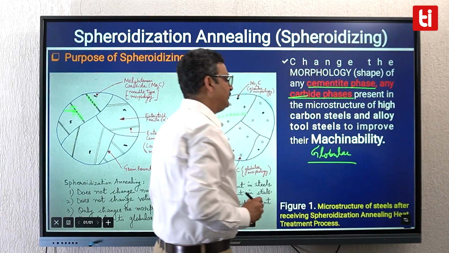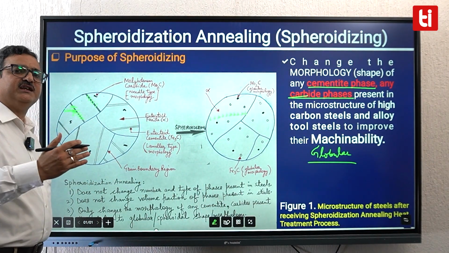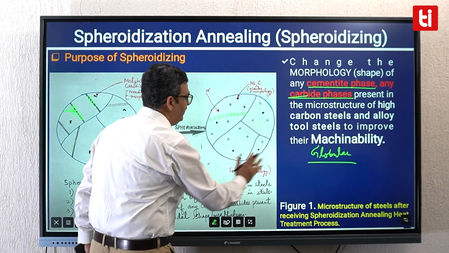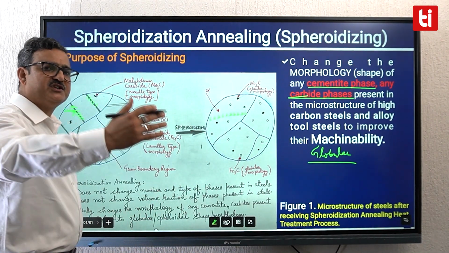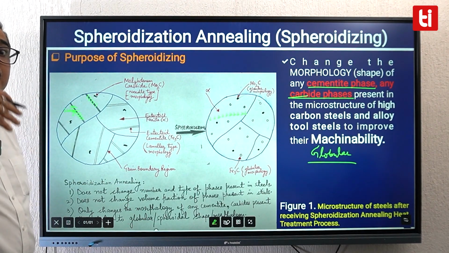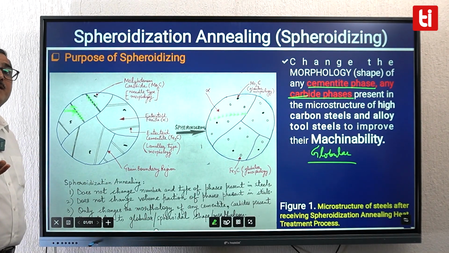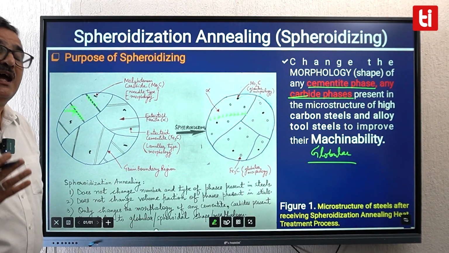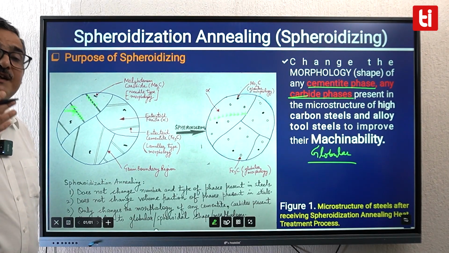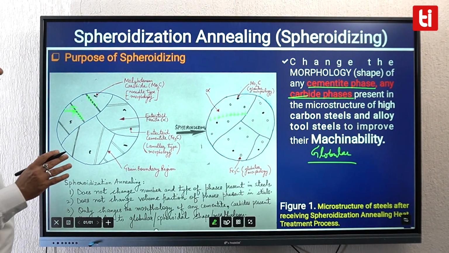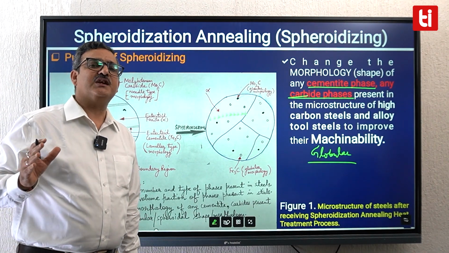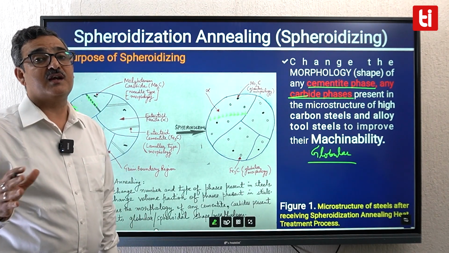When you try to machine this type of a steel with this type of a microstructure, the cutting tool and the dislocations would very easily move. They would bypass the cementite or carbide phases on most of the occasions. Very good finish would be obtained with very little force. Machinability would become excellent. But students, it's not every type of steel whose machinability can be improved by spheroidization annealing.